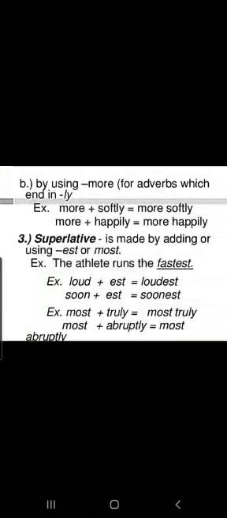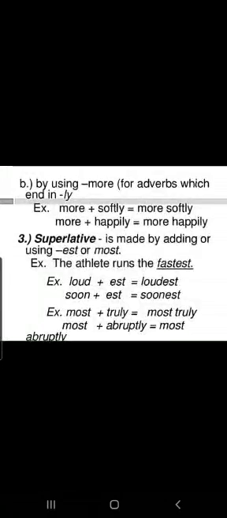In superlative, it is like when you compare more than 2 things, and in normal, simple adverbs, we add est at the end of adverbs. Like the athlete runs the fastest, loudest, soonest.